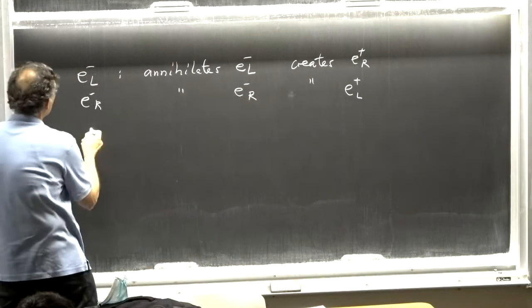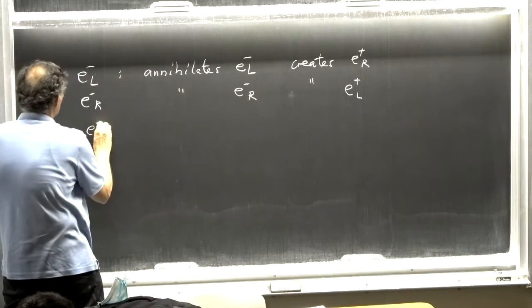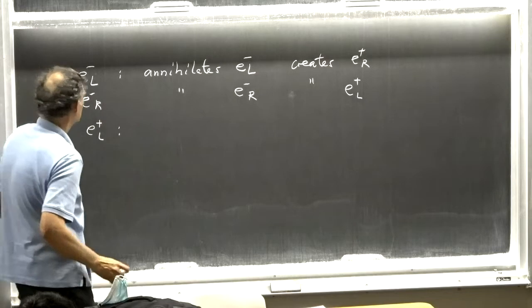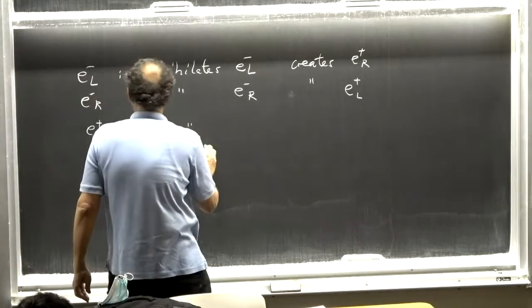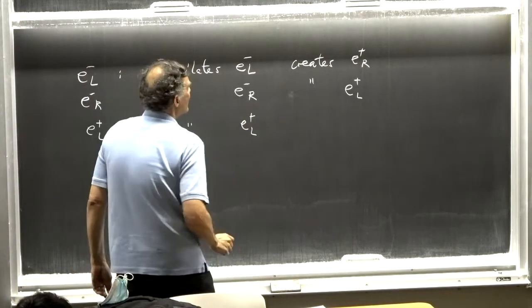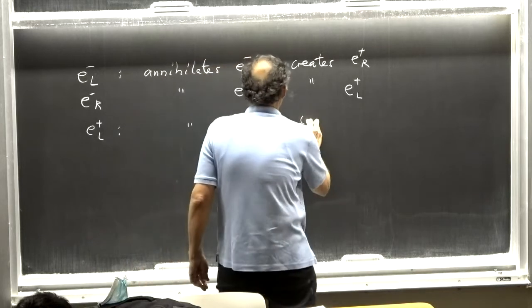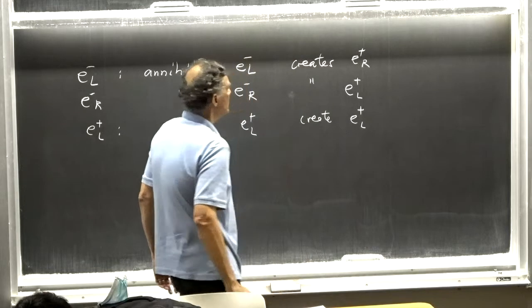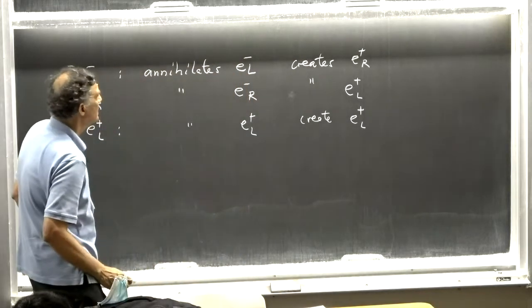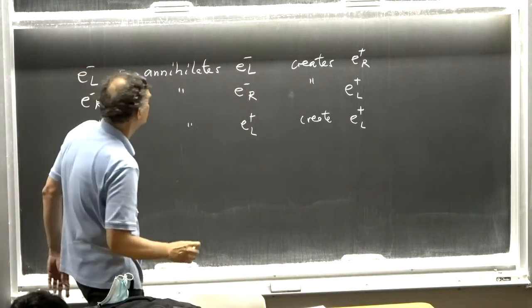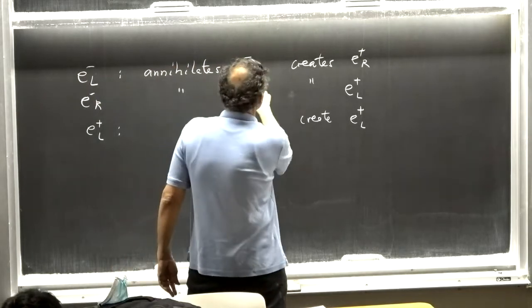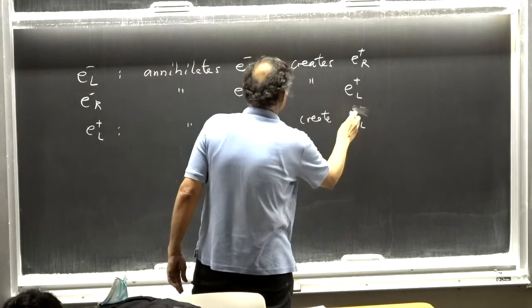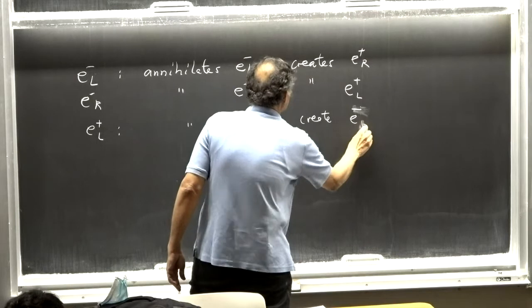And if I were to have, let's say, positron left-handed, this would annihilate left-handed positrons and create right-handed electrons. Electron right.